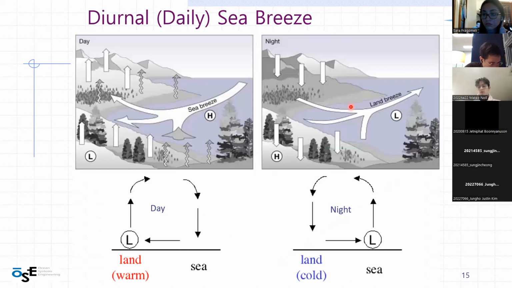The sea has a greater heat capacity than land, so the surface of the sea warms up more slowly than the surface of the land. As the temperature of the surface of the land rises, the land heats the air above it by convection.